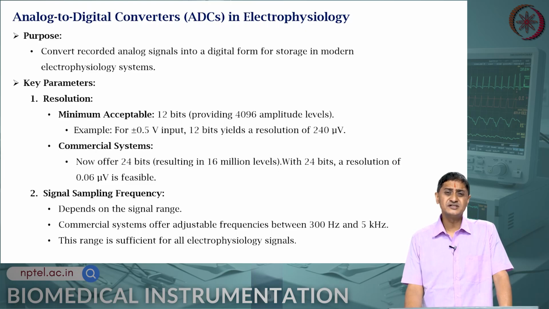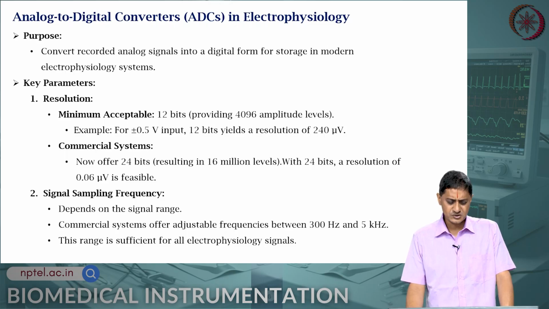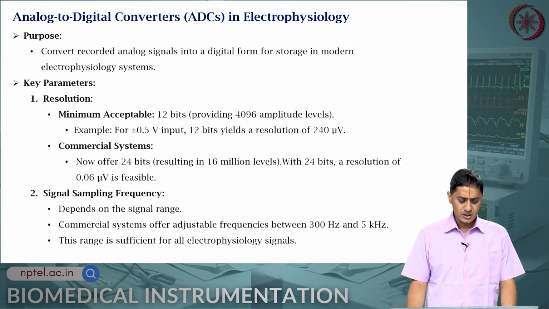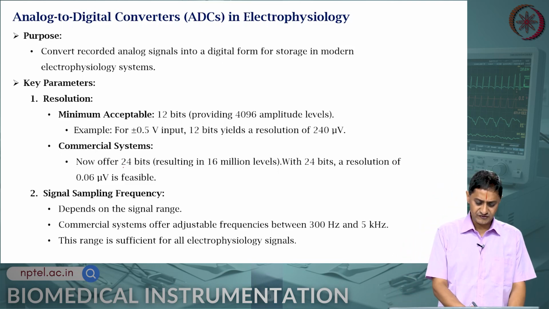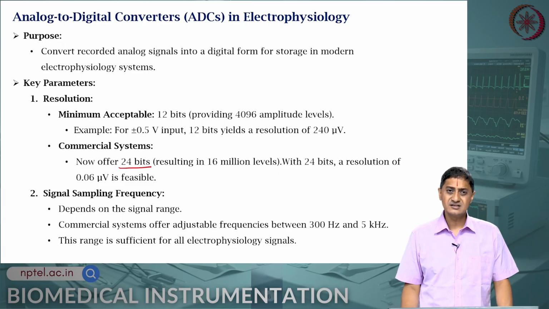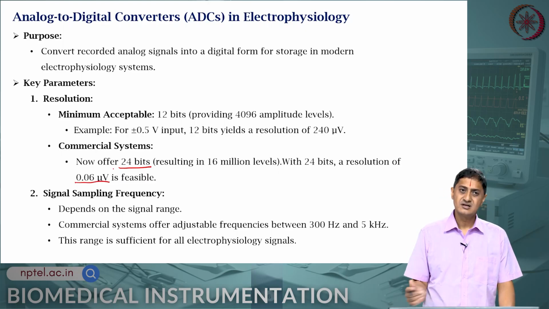And then you have analog to digital converters, which convert the recorded analog voltage into digital form so that it can be stored and processed in a modern computer system. So, minimum acceptable is 12 bits, preferably 16 bits is good. Nowadays, commercial systems even offer 24 bits, which is excellent for providing resolution of up to 0.06 microvolts.